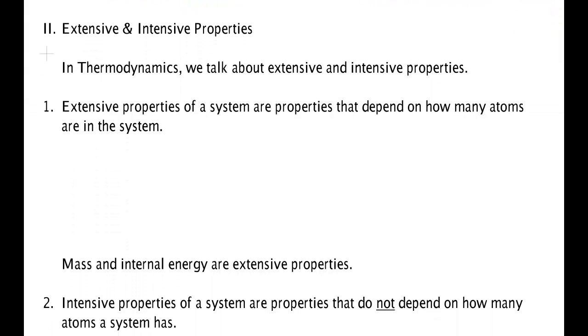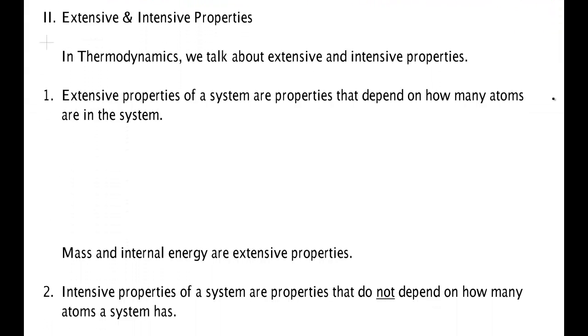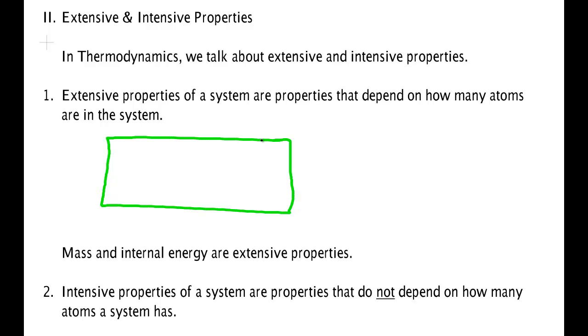Now, in thermodynamics, there turn out to be two types of properties that we talk about for a system. We talk about extensive properties and intensive properties. And usually we want to describe systems in terms of their intensive properties. So let's discuss what that means. Let's say that you had an object like this, could be a block or something.